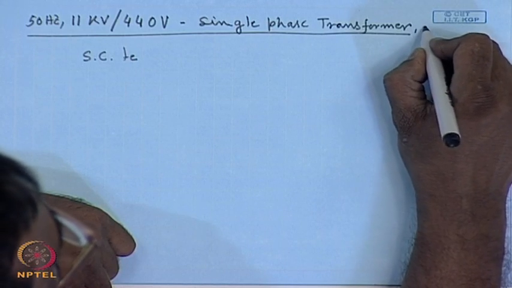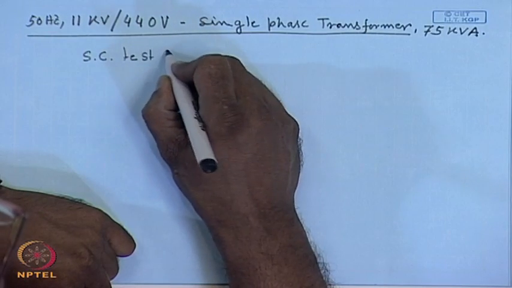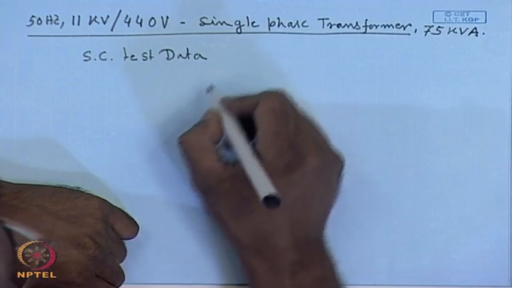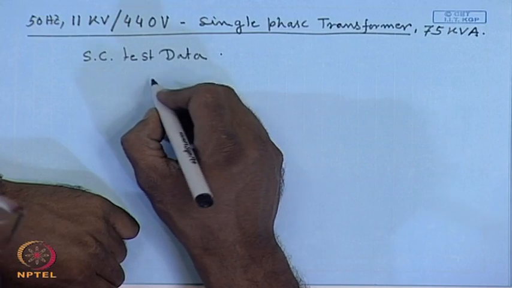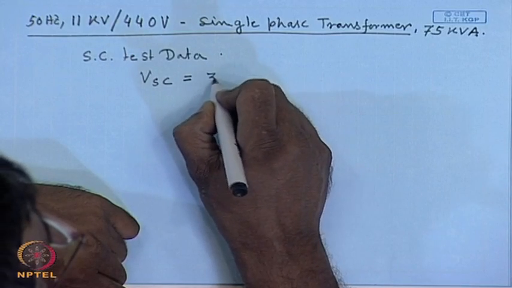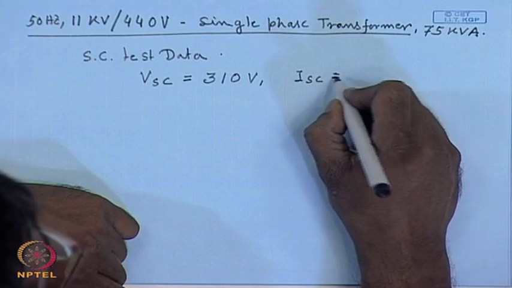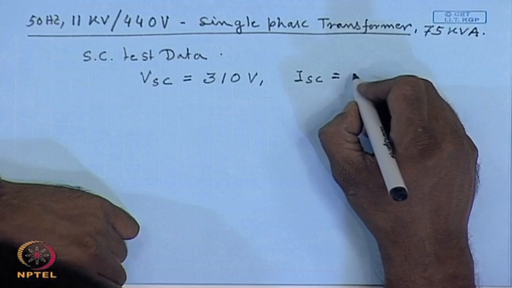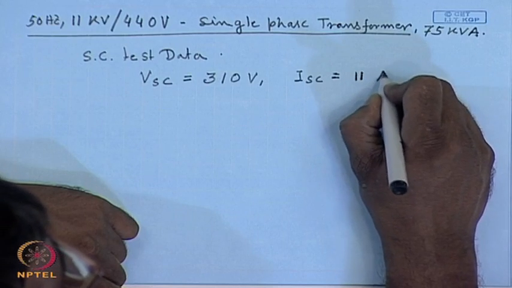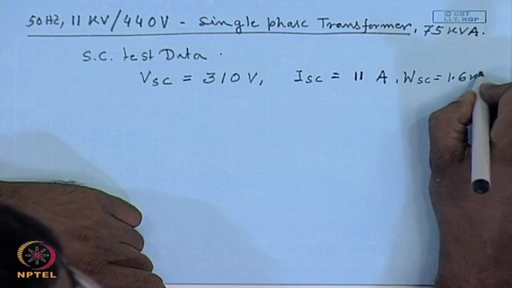The short circuit test data gave the applied voltage VSC equal to 310 volts, ISC equal to 11 ampere, and WSC equal to 1.6 kilowatt.